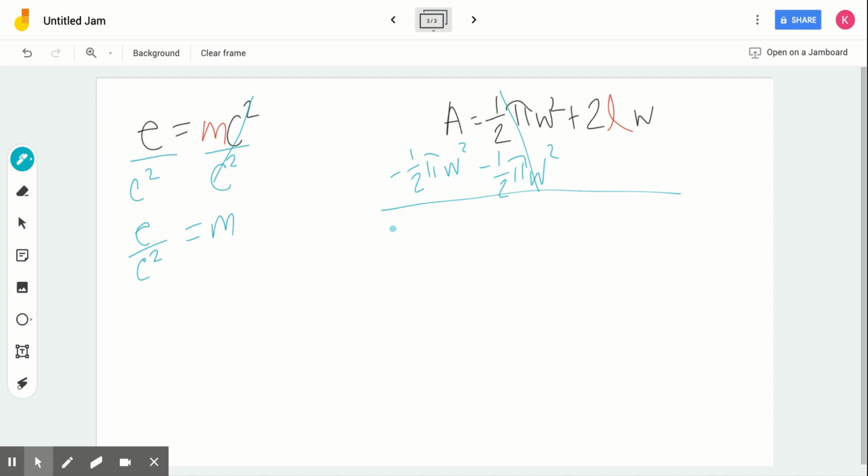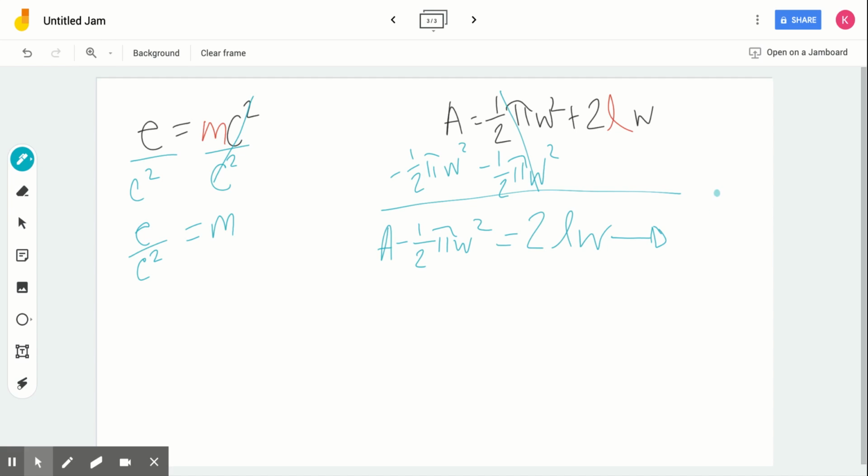When we do that, on the left, we're going to have A minus 1/2 pi w squared is equal to 2lw. Now, the L's in the middle, which makes this not necessarily trickier, but tries to trick us. Keep in mind that when we're multiplying numbers or terms, it doesn't really matter what order you multiply them in.